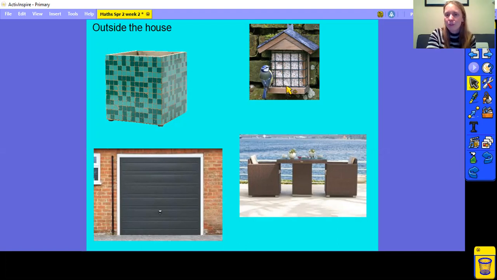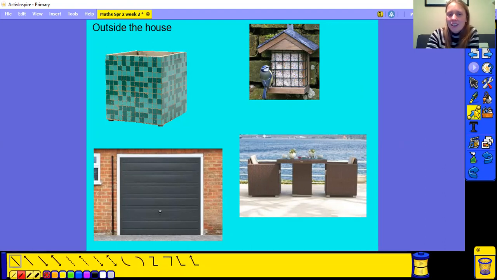Let's have a look at the bird feeder. Can you see squares on here? Yes, these bars make little squares. Again, they're very, very small, but we can see that there are 1, 2, 3, 4 sides and 1, 2, 3, 4 corners.